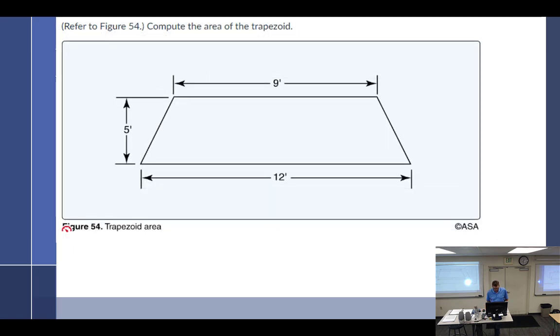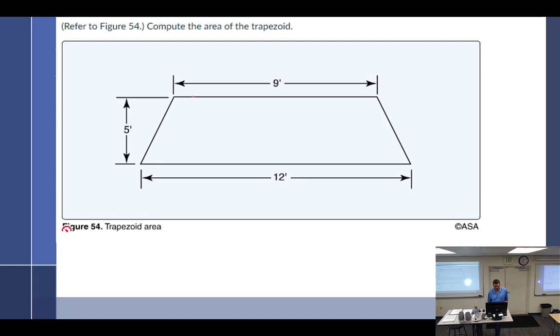54. Compute the area of the trapezoid. Well, what are we going to do about trapezoids? The formula is the average of the length of the parallel sides times the height.